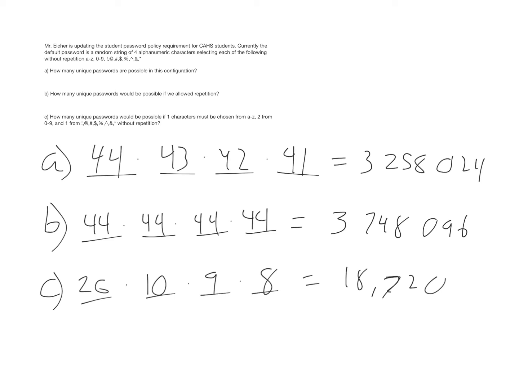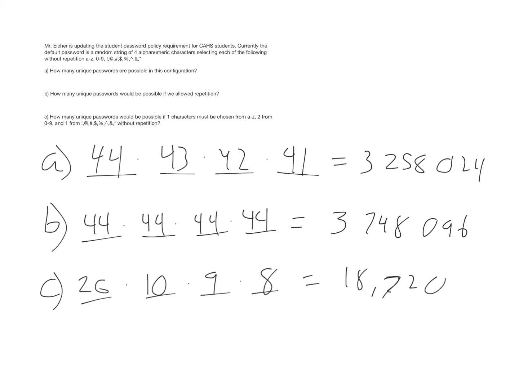We could do letter, special character, number, or number, character, letter. So what I have to do here is not divide out the number of ways that I could rearrange these things, but I actually need to multiply again by how many ways I could rearrange these things.